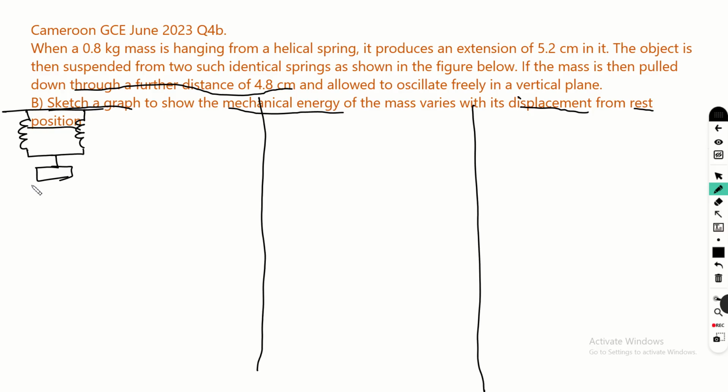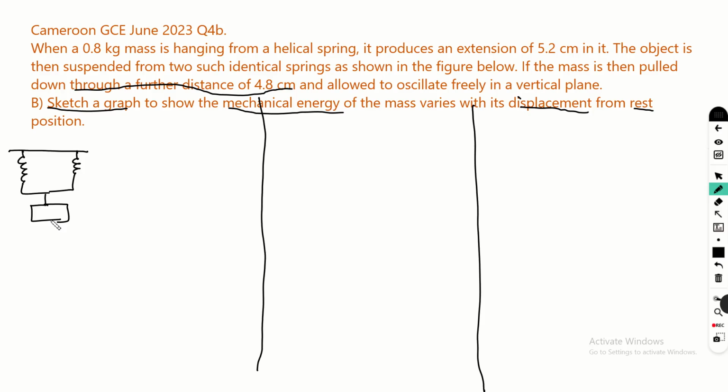Now we have this key equation, and we have to draw the graph. So that's the graph that we used to draw. That is the diagram of this equation.